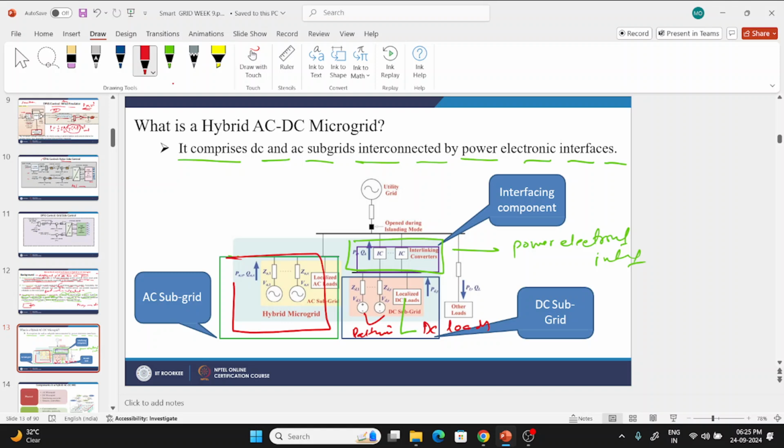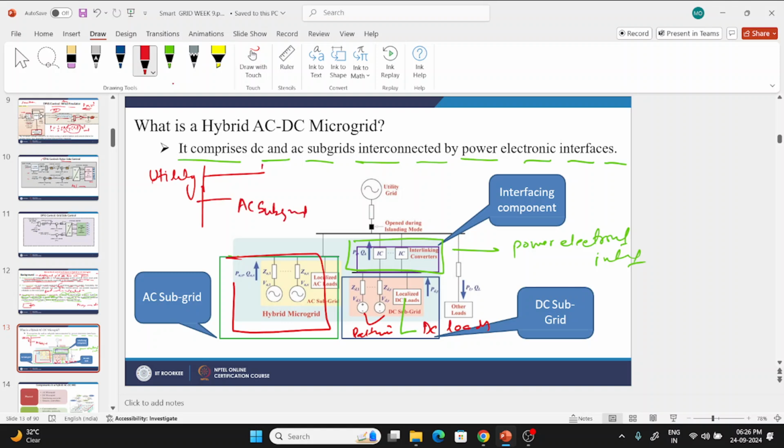So what happens here is that in any grid, a utility will be there. It is connected to the AC subgrid.